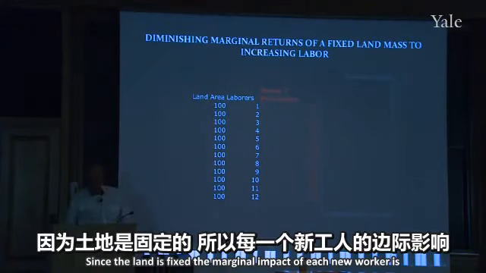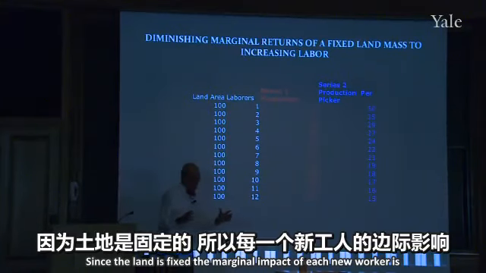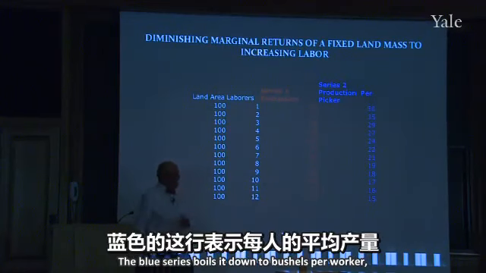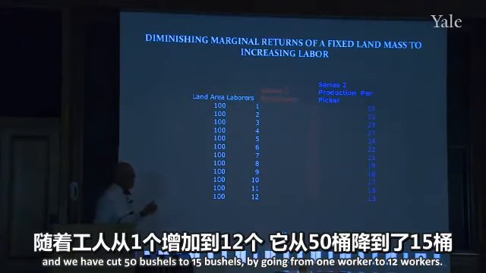So since the land is fixed, the marginal impact of each new worker is a little less than the marginal impact of the worker before. And the blue series boils it down to bushels per worker. And we have cut from 50 bushels to 15 bushels by going from 1 worker to 12 workers.